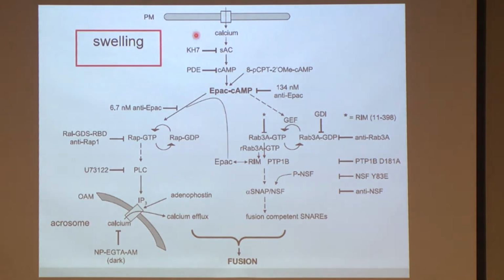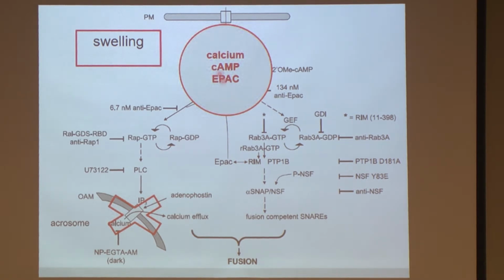So my group now is trying to understand the mechanism of swelling. We know that swelling does not require the release of calcium from inside the acrosome because we can observe it when we block this. So it should be something over here. It could be calcium, it could be cyclic AMP, and/or EPAC.